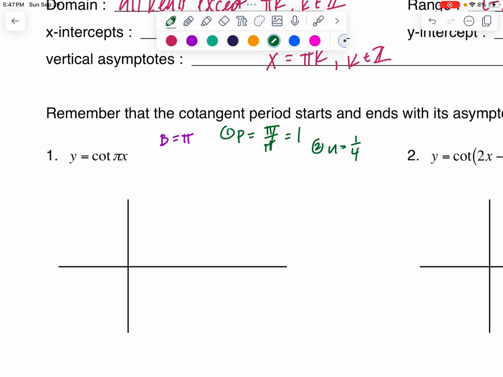Okay, so it's not like tangent where we have to start at 0, 0. We can go ahead and continue on with our pattern just like with the other ones. Just tangent has that special case. Right, there are my asymptotes. Here's 1, negative 1. So then this is what my graph looks like.